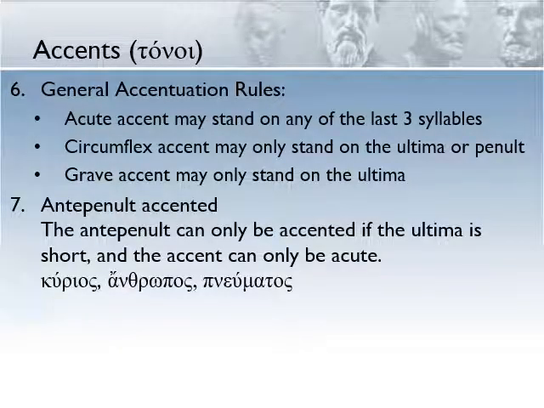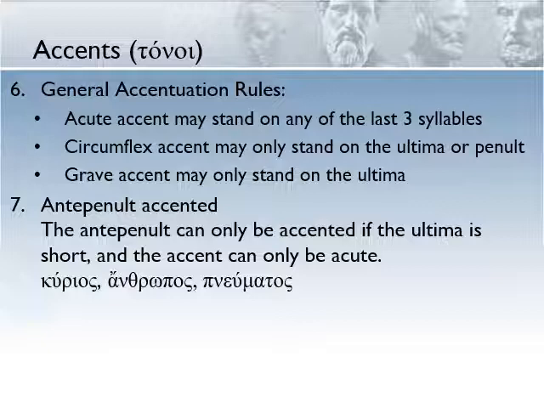Now, let's consider more strictly the accented antepenult, third from the end. This is the furthest back in the word that we are finding an accent. The antepenult can only be accented if the ultima is short.